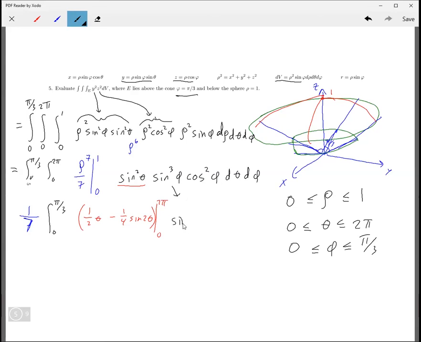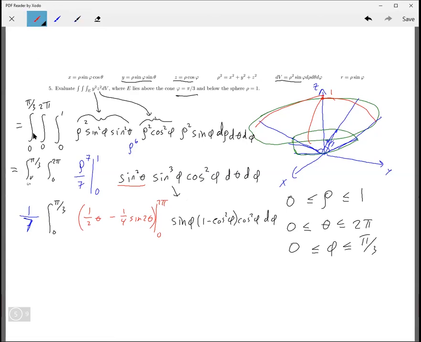This part you can write as sine phi, and then 1 minus cosine squared phi. If you put a 2 pi in there, then you get pi. And then you put a 2 pi in here, you get 0. Put zeros in, that's all zeros.